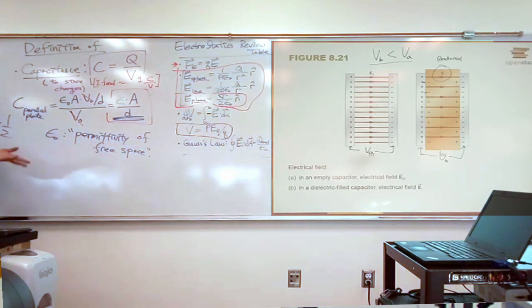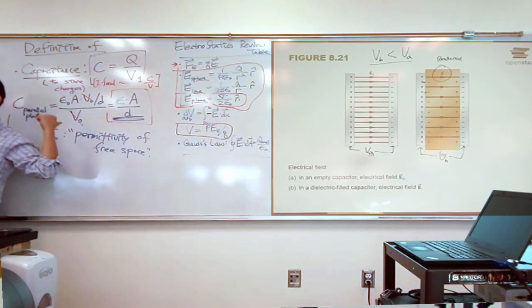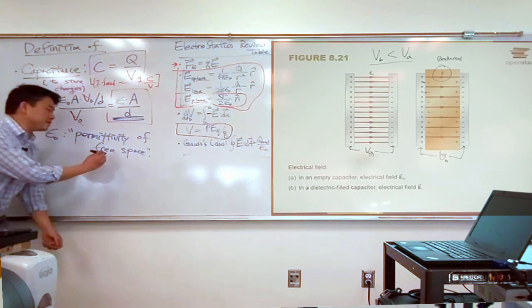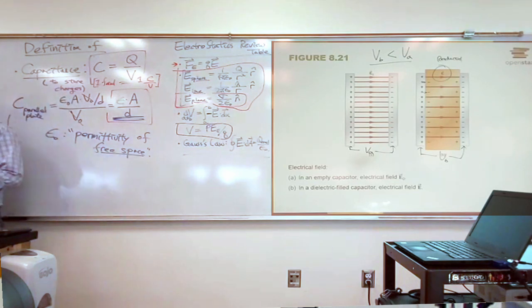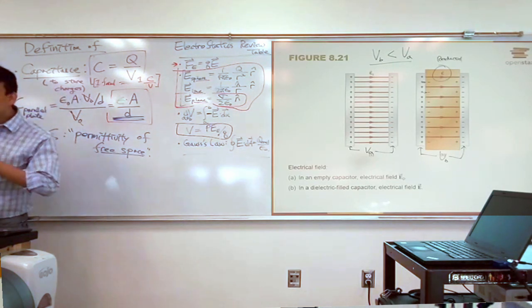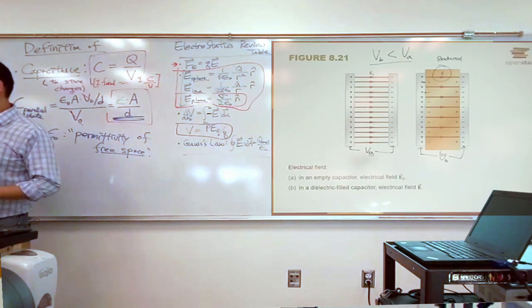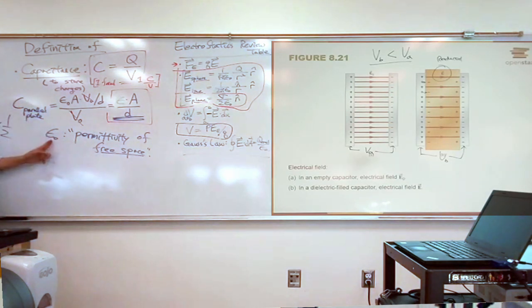Permittivity, let's say that's some weird old-fashioned term that I have no idea about, but something to do with the electric, right? What do you think a free space refers to? Free land? No. Yeah, vacuum. So epsilon naught is the permittivity of a vacuum.